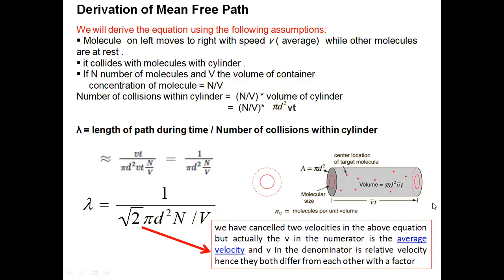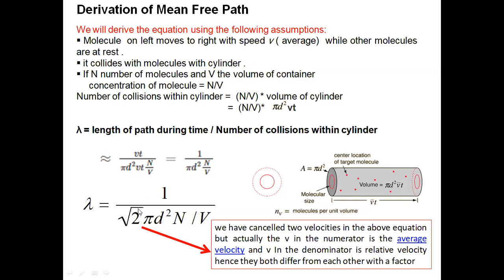Okay, this is the length, divided by the number of collisions within the cylinder. The number of collisions within the cylinder is pi d squared v t, N over V, so lambda equals 1 over pi d squared N over V. So this is the area, or the cross section, of the cylinder, and d is the molecular size. So lambda equals 1 over the square root of 2 pi d squared N over V.